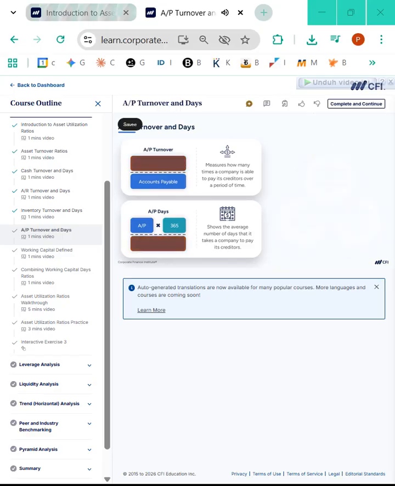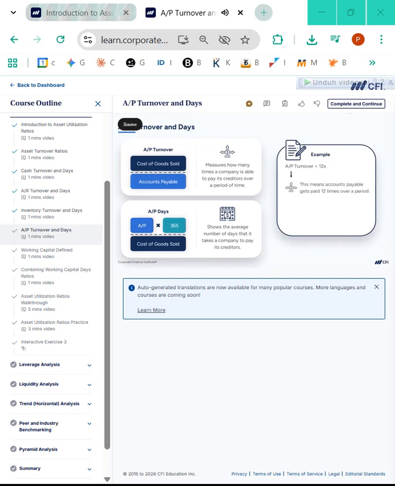If accounts payable turnover is 12 times, we're saying AP, or accounts payable, turns over 12 times. This means accounts payable days is going to be roughly 30 days, i.e., on average, the business takes 30 days to pay its vendors or suppliers. I'm sure you're starting to get the hang of this.